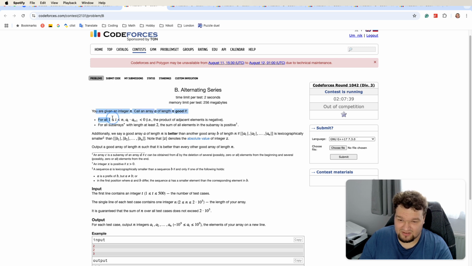There are so many things to remember already. Output a good array of length n such that it is better than every other good array of length n. Okay, so this is just like printing the lex min answer if we consider lex min after taking absolute values. Okay, then it's not that bad. I mean, still, it's a lot to remember for problem B.